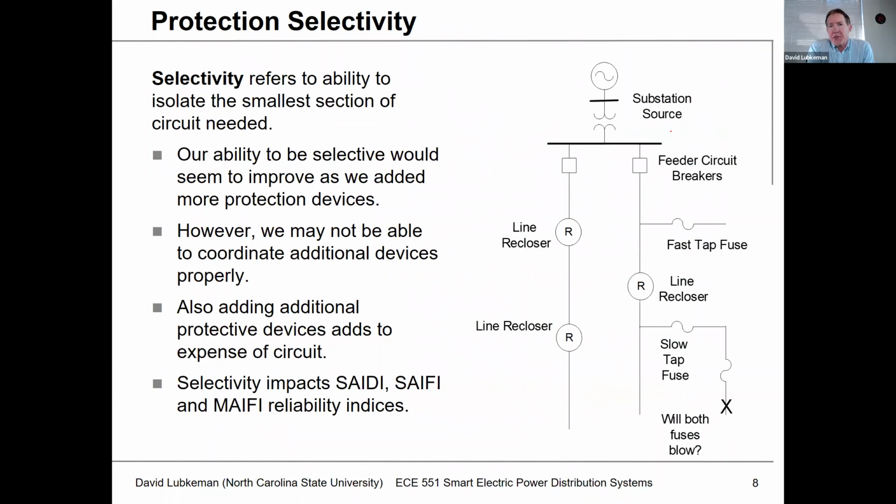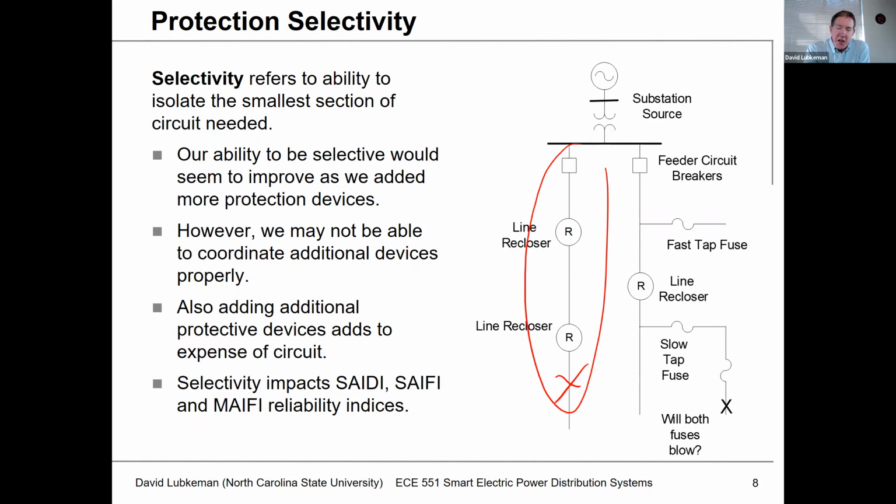Selectivity refers to our ability of just isolating the smallest section of the circuit needed in order to clear and isolate the fault. If I didn't have the line reclosers on the circuit, and I had a permanent fault on this main feeder, I wouldn't have very good selectivity, because basically all the customers on that feeder would be outaged.